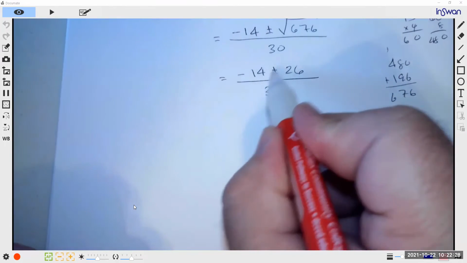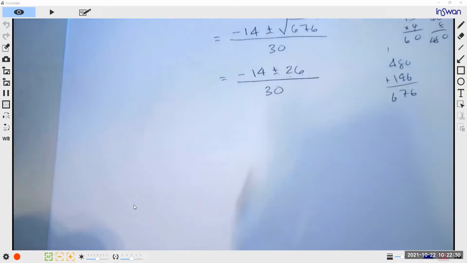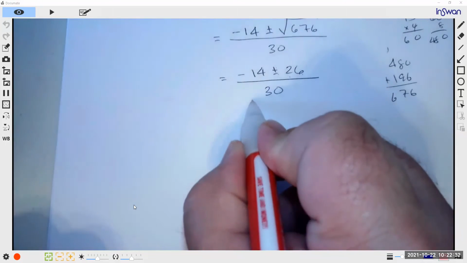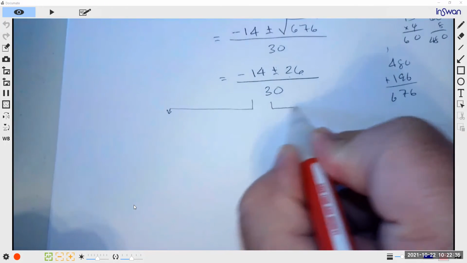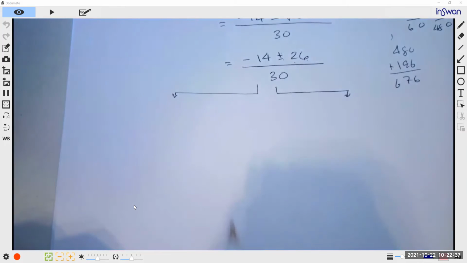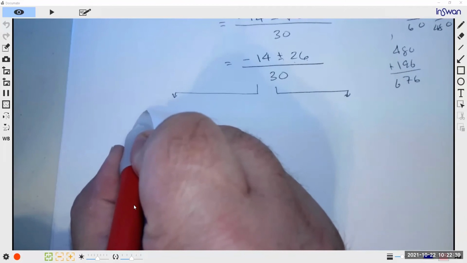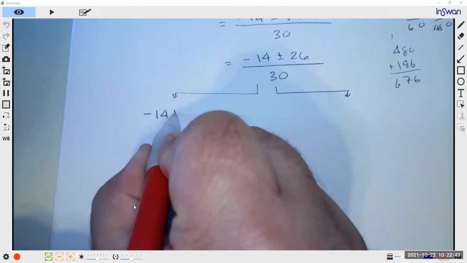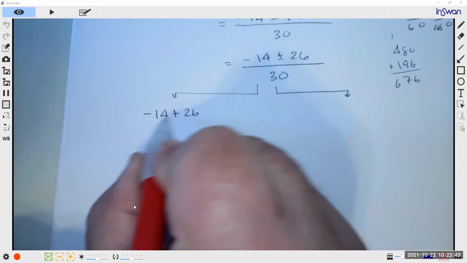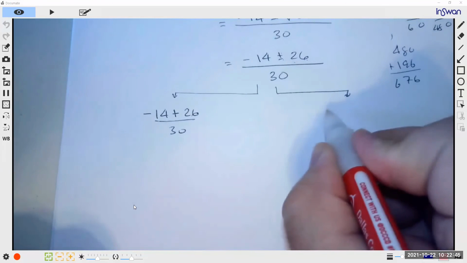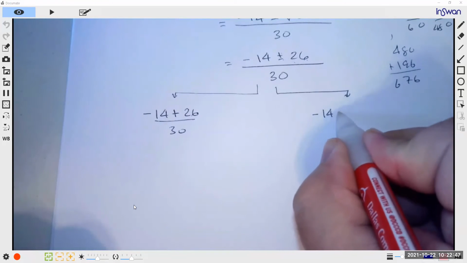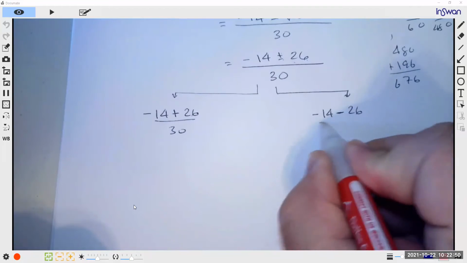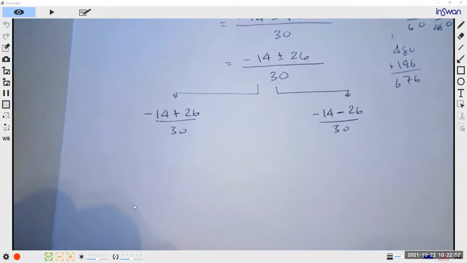So it's negative 14 plus or minus 26 over 30. So we have negative 14 plus 26 over 30, negative 14 minus 26 over 30.